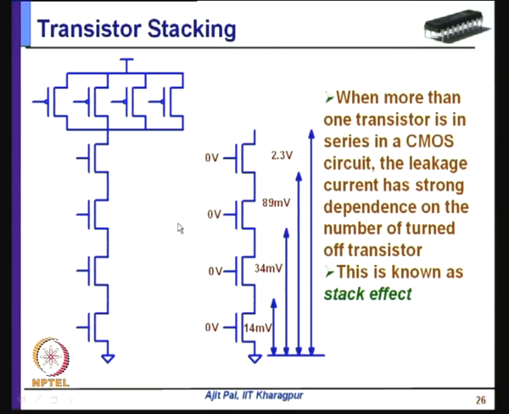It has been found that if we have more transistors that are off and in series, or in a stack, then the leakage power is reduced, which is known as the stack effect. So, this is known as transistor stacking, and we can use this stack effect to reduce the power dissipation.